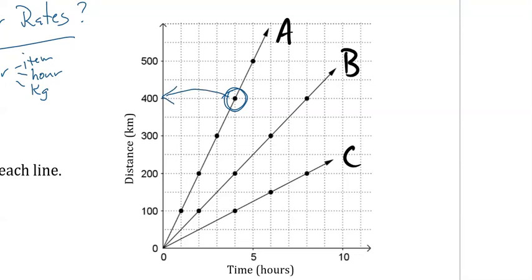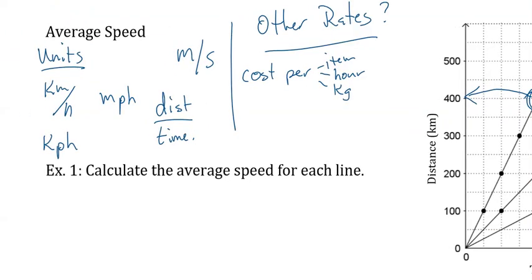What is the rate? How many? 100 kilometers an hour. Very good. So for A, let's write this out. They went 400 kilometers in 4 hours. 400 divided by 4 is 100 kilometers per hour.